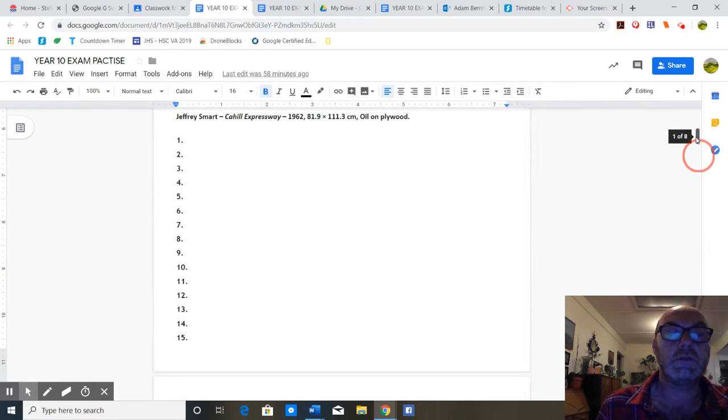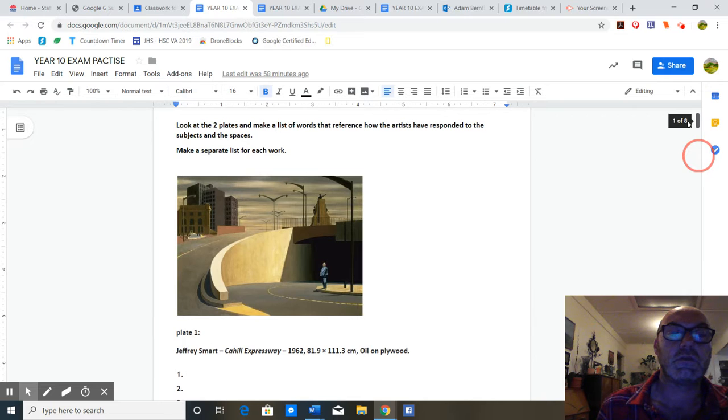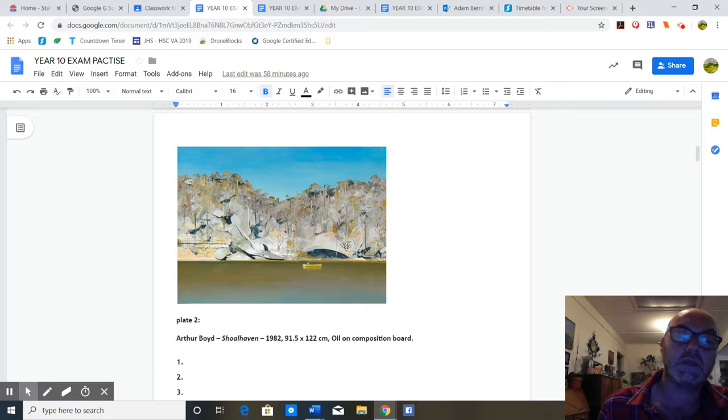What you need to do is make a list for each artwork that references how the artist has responded to the subjects, these dudes, and the spaces. Subjects down here and the spaces.